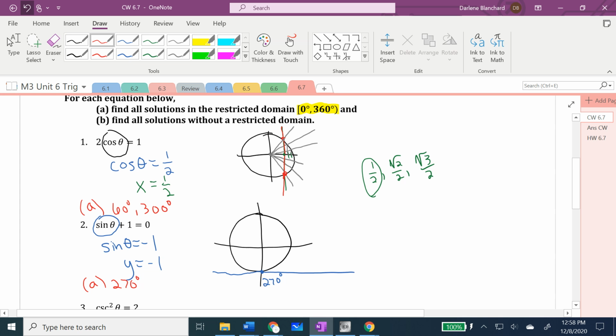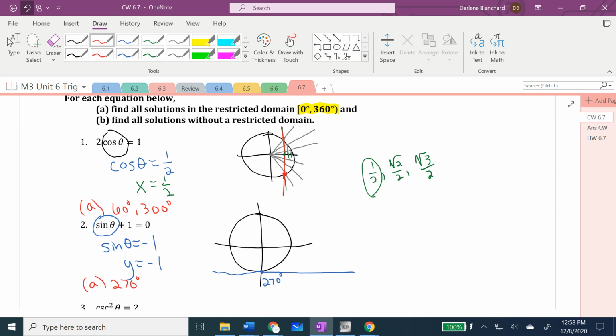If I want all solutions, that means I'm looking for all angles that are coterminal with the ones that are on the first round. How do I find coterminal angles? I add 360 or I subtract 360 any number of times.